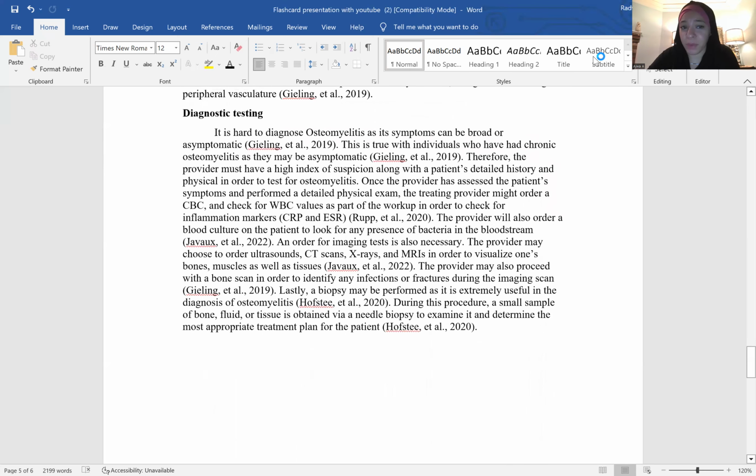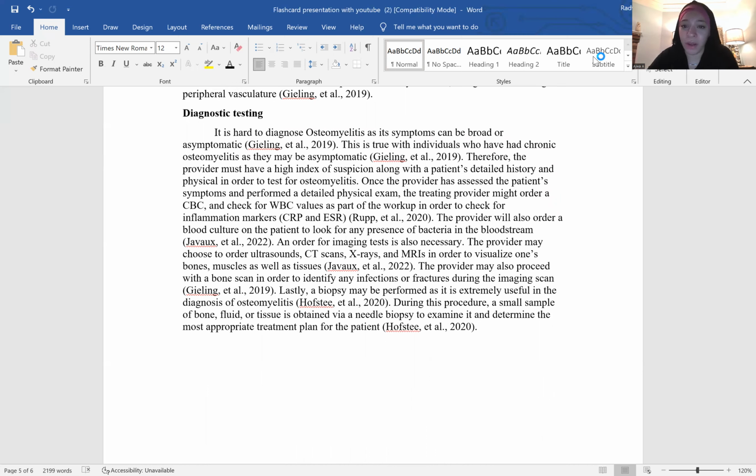It's hard to diagnose osteomyelitis as its symptoms can be broad or asymptomatic. This is true in individuals who have had chronic osteomyelitis, as they may be asymptomatic. Furthermore, the provider must have a high index of suspicion along with the patient's detailed history and physical in order to test for osteomyelitis.